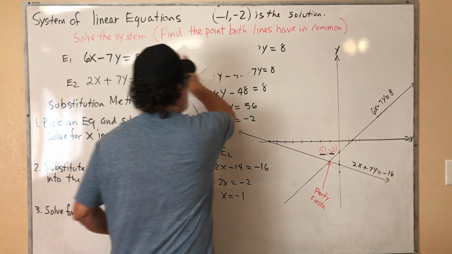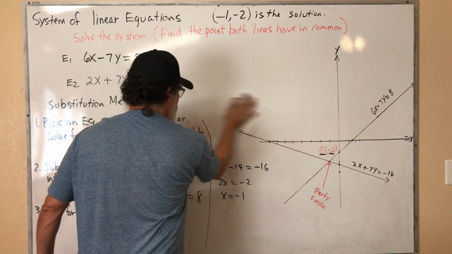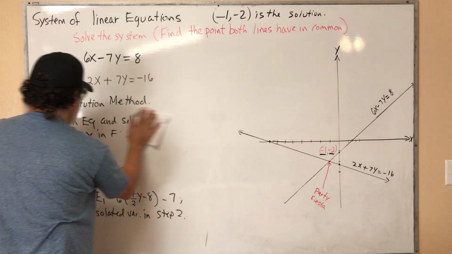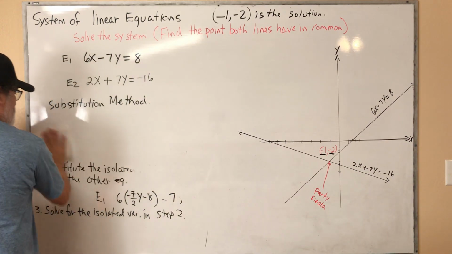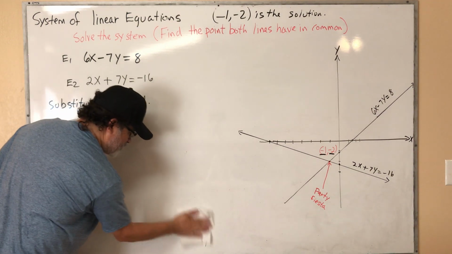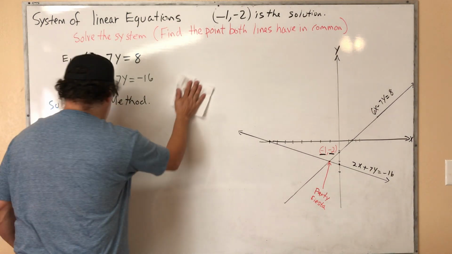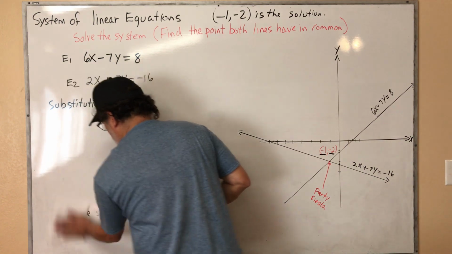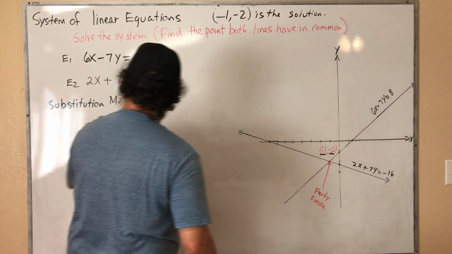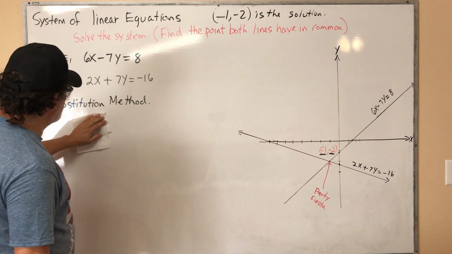Okay, so this is gone. So I'm going to show you a third method. And most people like the third method. The third method is the elimination method. They also call it the addition method. Okay, so now this was the substitution method.